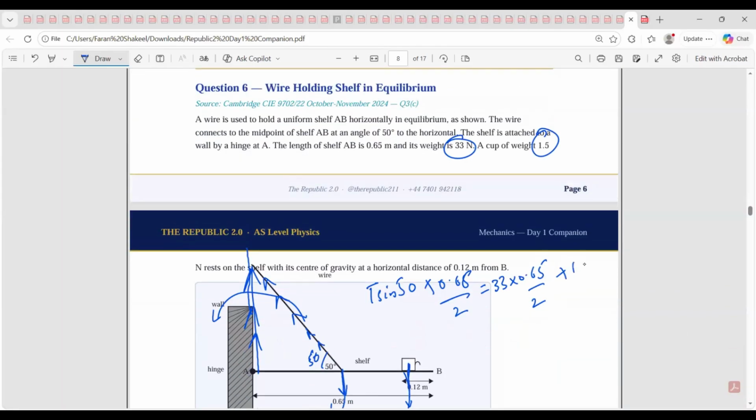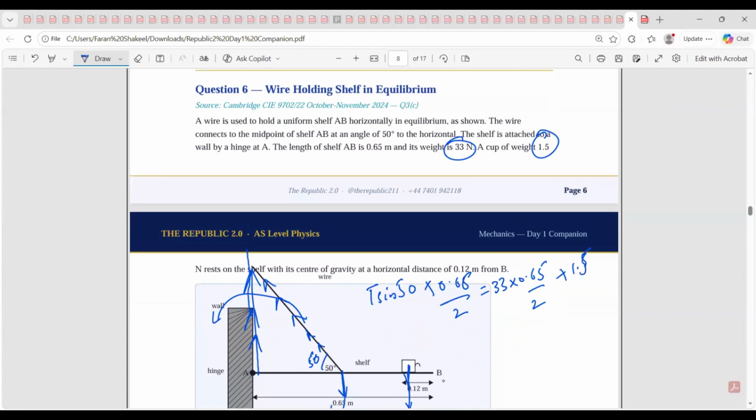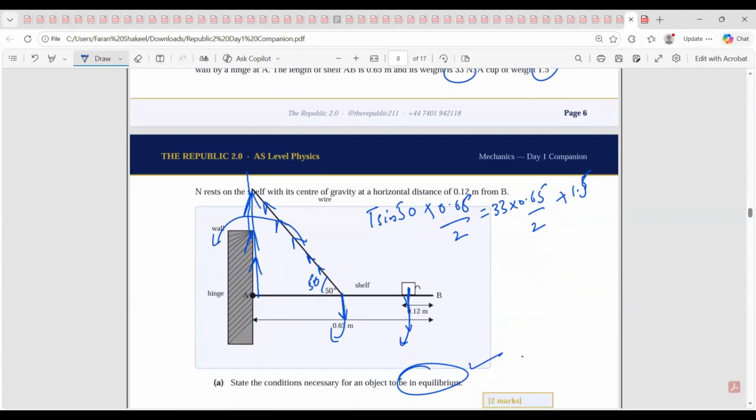So we've got 1.5. And what is going to be the perpendicular distance between this cup and the A? That is going to be, the total length is 0.65, just take away 0.12 from here, right? So 1.5 times (0.65 minus 0.12), and I'll get myself the final answer. Got that? So by just solving this equation, I can easily calculate tension from here.